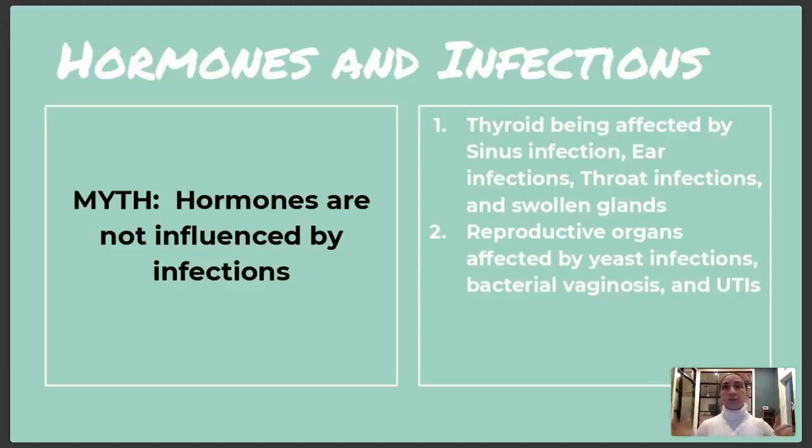But your immune system's job is to fight bad stuff, to fight infections, toxins, or anything that is foreign to your body. So if your thyroid is being affected by infections that have maybe come from your sinuses, ear infections, or throat infections, then it makes sense that your thyroid can easily be in the line of fire.